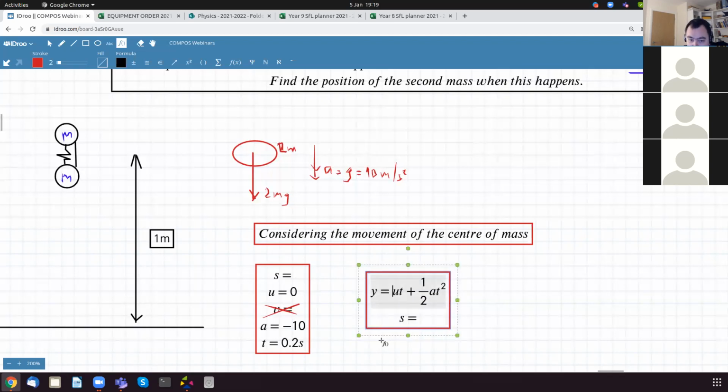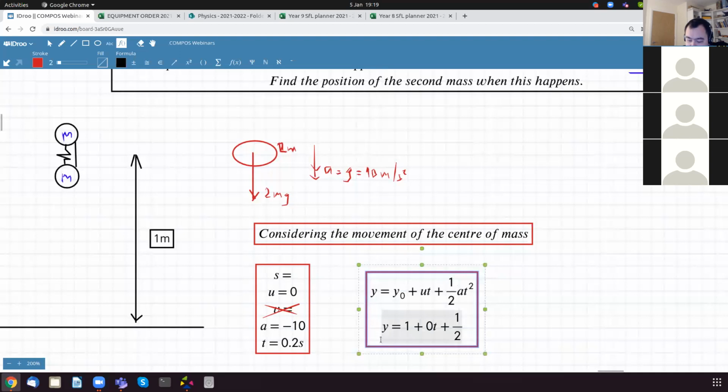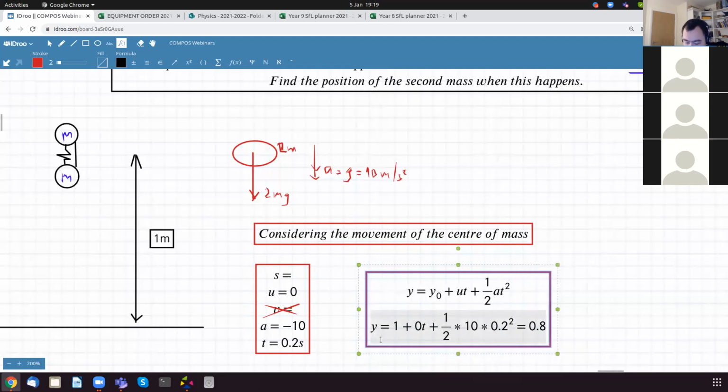I'm going to use y equals y0, the formula from one of the assignments, to find the position after 0.2 seconds. So y is equal to the initial position, which is 1 meter, plus 0t, because u is 0, plus 1/2 a, that's going to be 5. Okay, I'll just write 1/2 times 10 times 0.2 squared. And that gives me 0.8 meters.